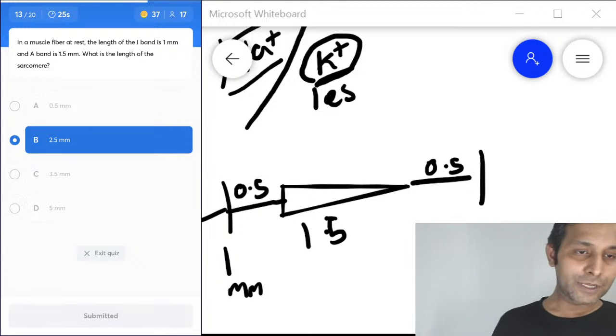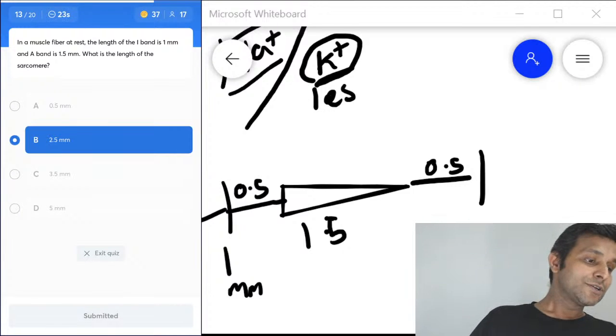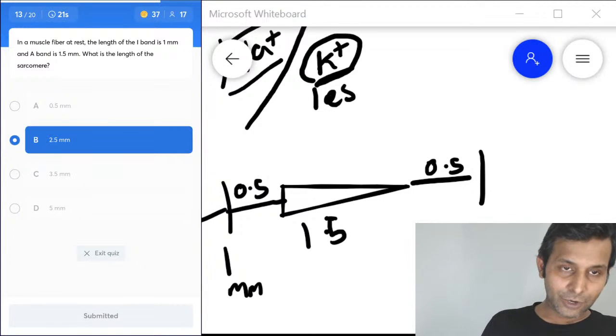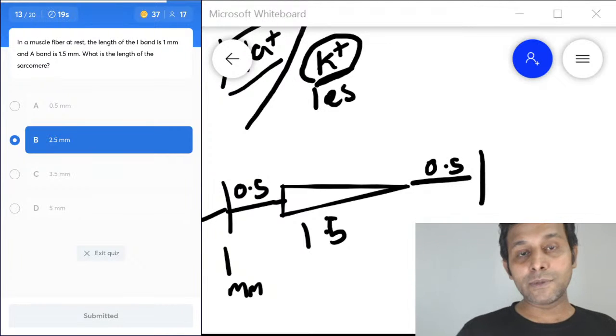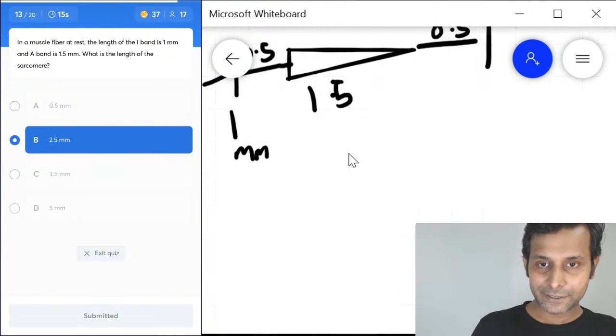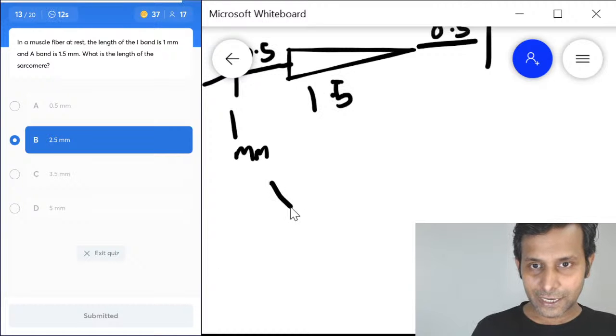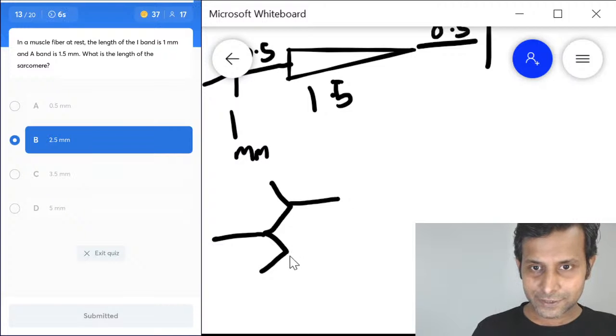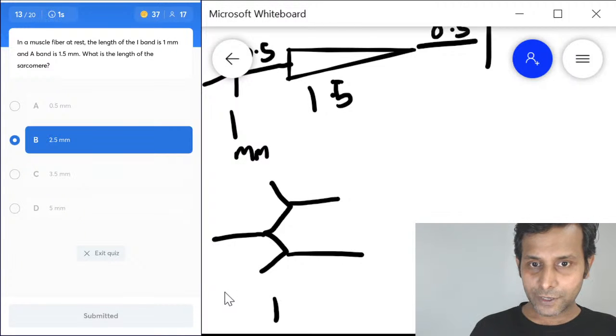Yes. So the right answer is 2.5 millimeter, because the I band is 1 millimeter and we talk about I band as on either side of Z line. So if we have a Z line, then on this side and on this side we count the total length as 1 millimeter.